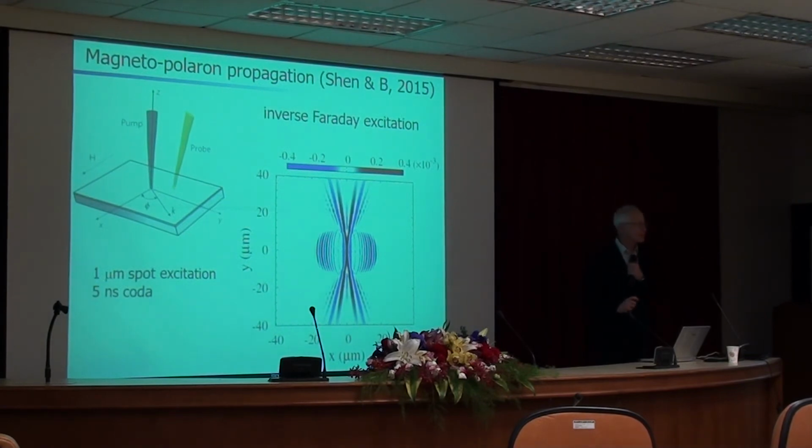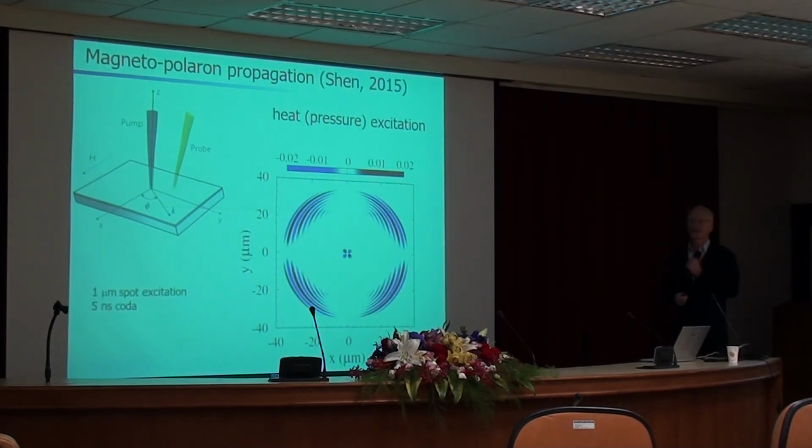These are now two-dimensional results for a point source excitation, or a localized excitation. And we see nice pictures with a certain symmetry. This one assumes that the excitation is done by the Faraday effect. These are the patterns which we would expect if, by the laser, we are exciting pressure waves in the magnetic field.